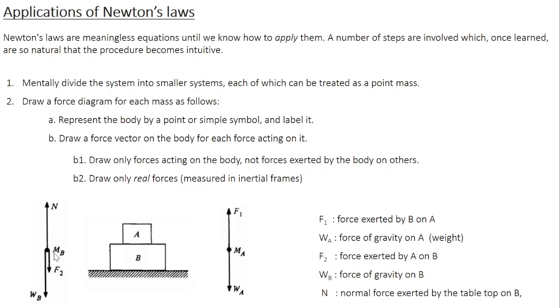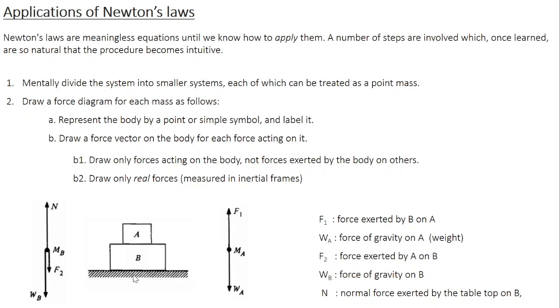Similarly, for point mass B, there is a force exerted by A onto B in the downward direction. You call it F2. Then there is weight WB acting in the downward direction, and block B, imagine, is kept on a tabletop.